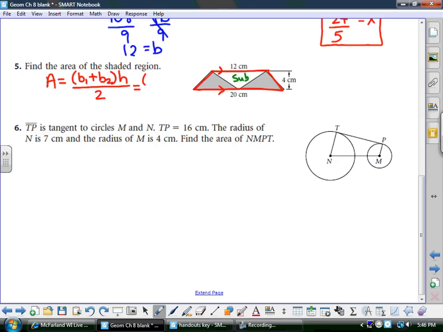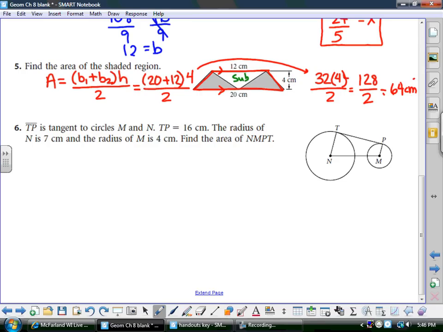So in this case, the area is going to be 20 plus 12 times 4 divided by 2. 20 plus 12 is 32 times 4 divided by 2 is 128 divided by 2, or 64 centimeters squared. That's the area of the entire trapezoid.